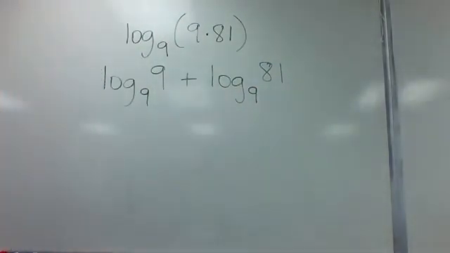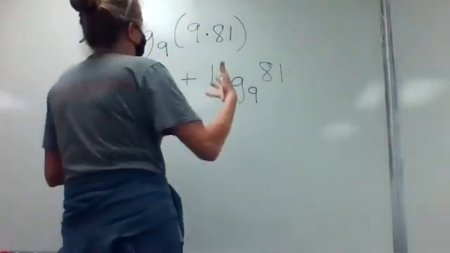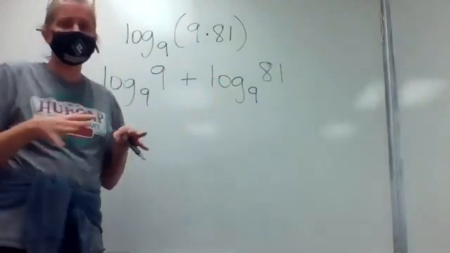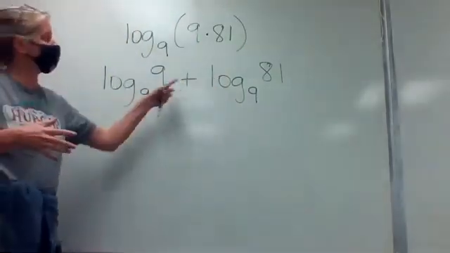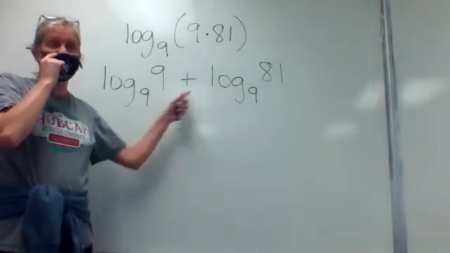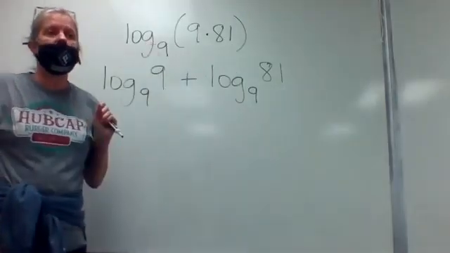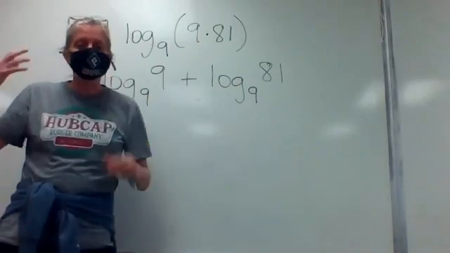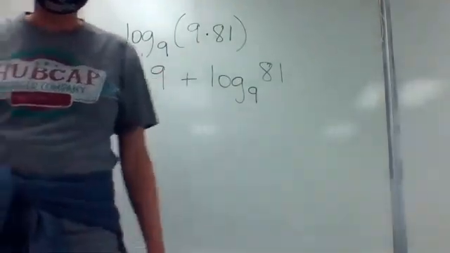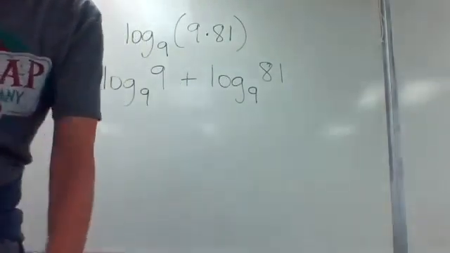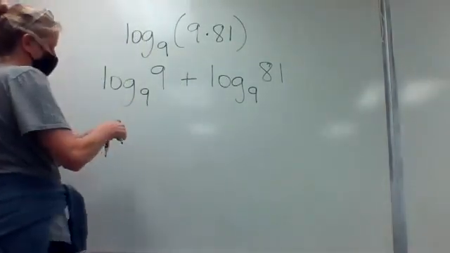Now, let me show you that I'm not changing anything. Sometimes we want to see your logs written out as the sum of logs. Sometimes we would prefer to see that as just one log. Okay, but just to prove that these two things say the same thing, let's see what these logs are saying.